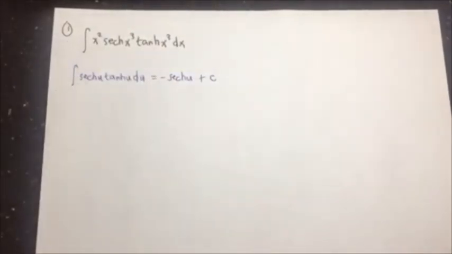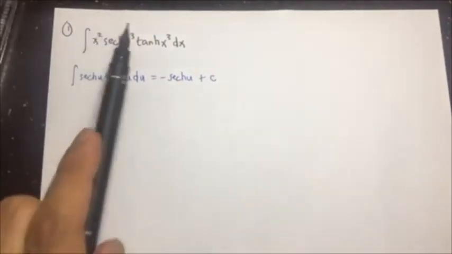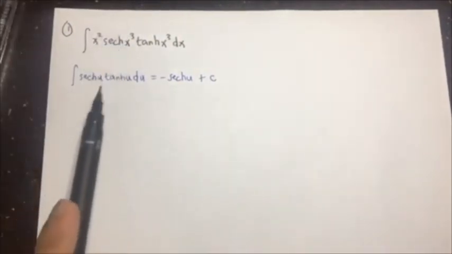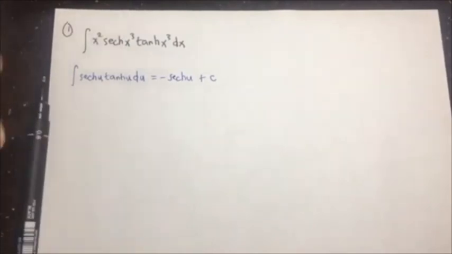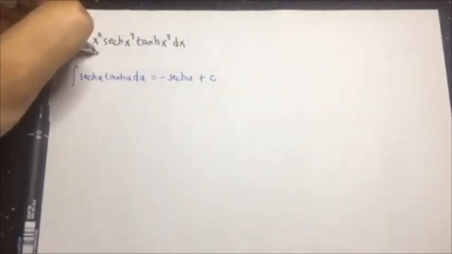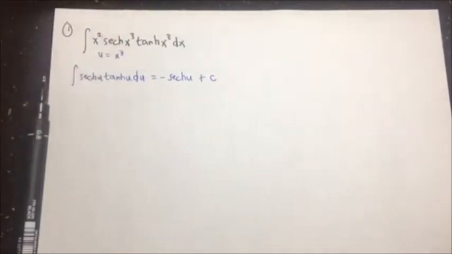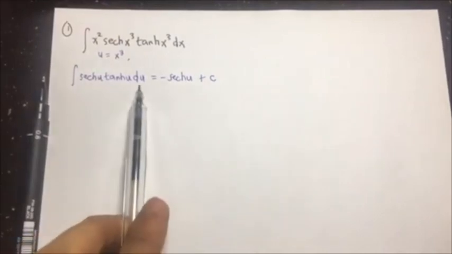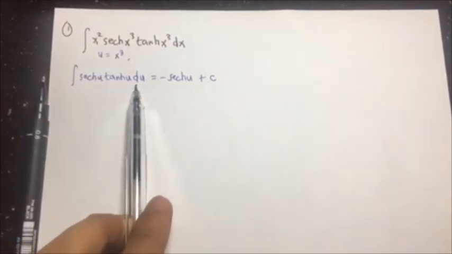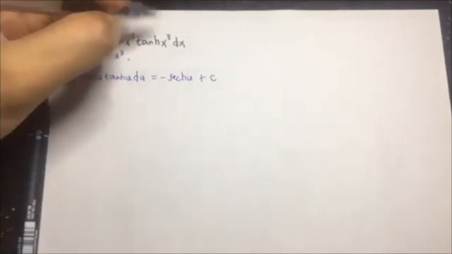Okay, so let's inspect the example. This is similar to this, with our u as x cubed. So it's not a complete differential, so we should find du to complete the differential.